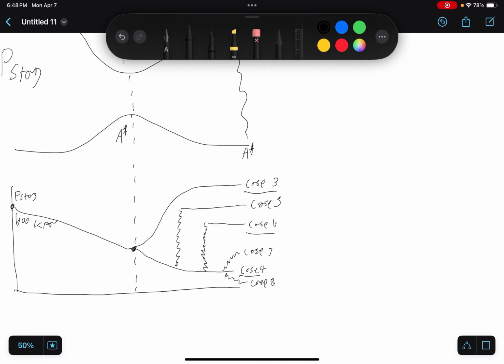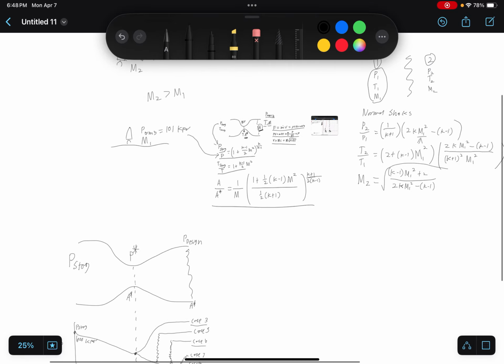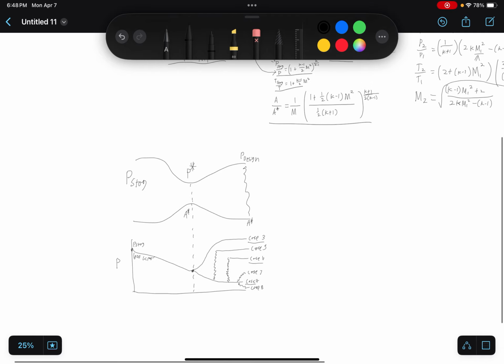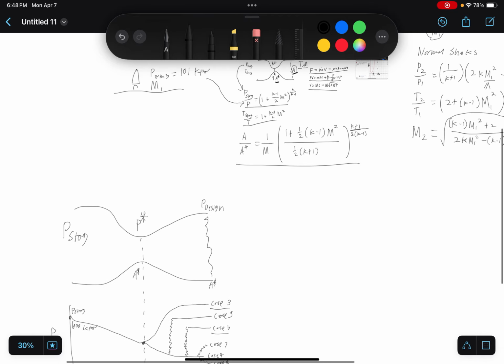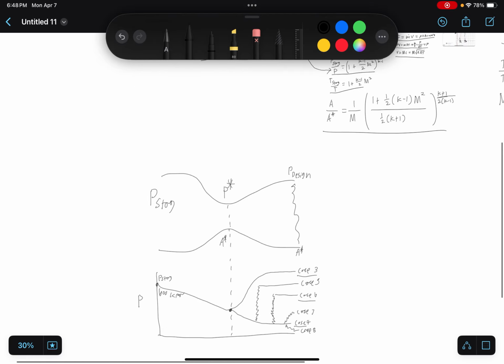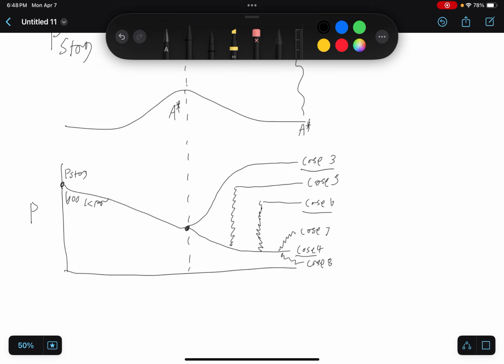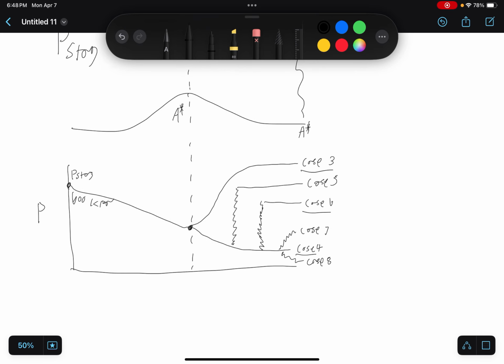And normally the way academic problems that I've done work is they give you the stagnation pressure and temperature, sometimes even just the stagnation pressure. They'll give you the temperature if they're asking you to solve for thrust, because you need it for that.